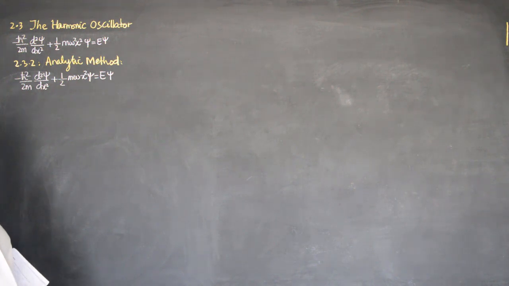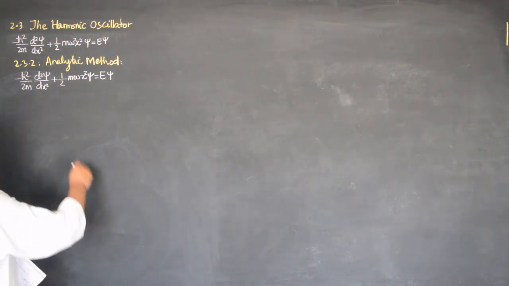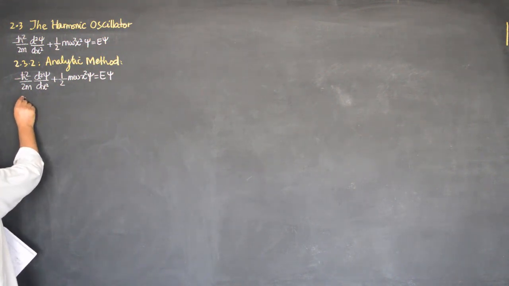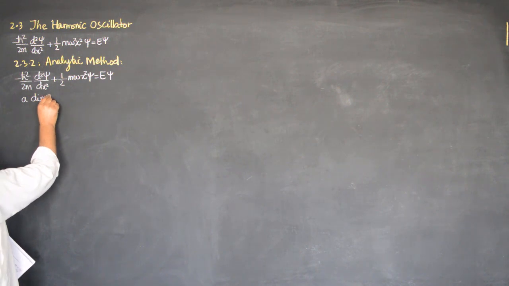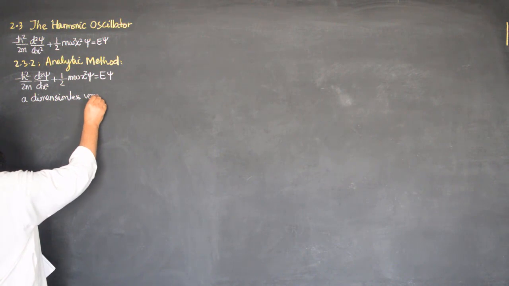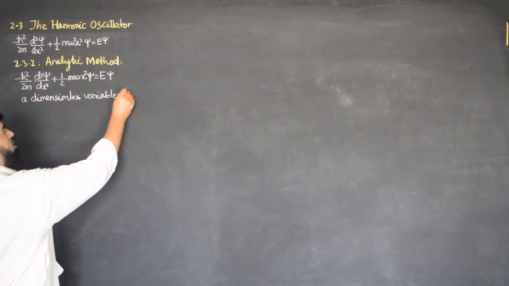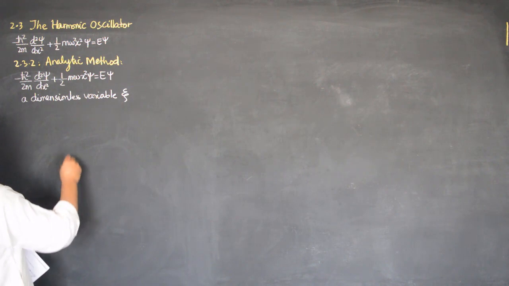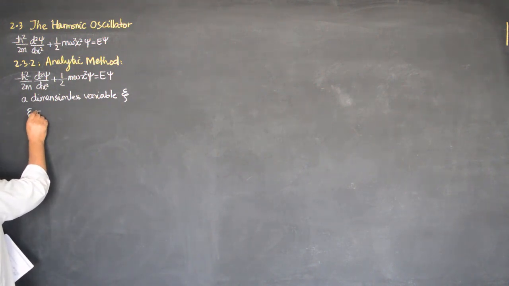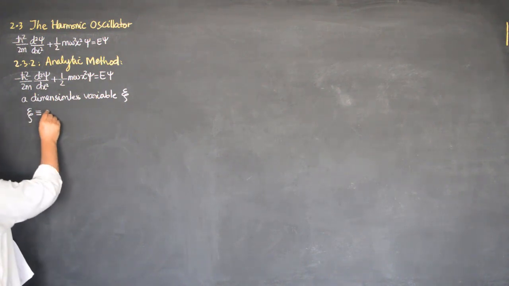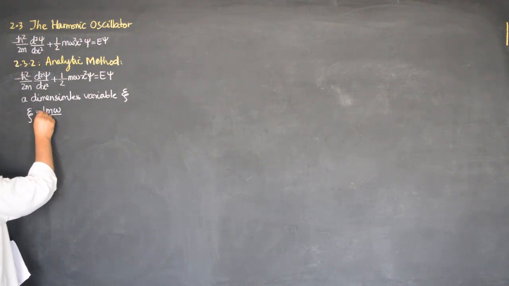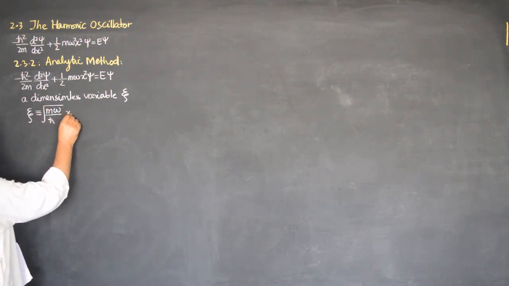Now in this equation, in order to make it cleaner, I define a dimensionless variable, which I call xi. This xi is defined as equal to the square root of m omega over h bar, into x.